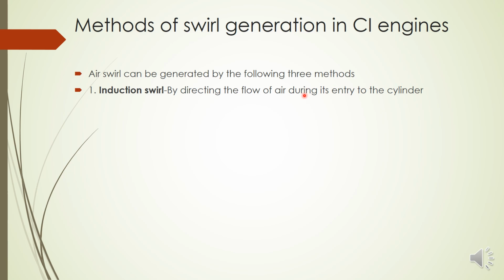That is, in the suction stroke itself, if we are creating this movement of air, it is known as induction swirl. And this method is used in open type combustion chambers. We will see what an open type combustion chamber is later. So this induction swirl is adopted in open type combustion chambers.